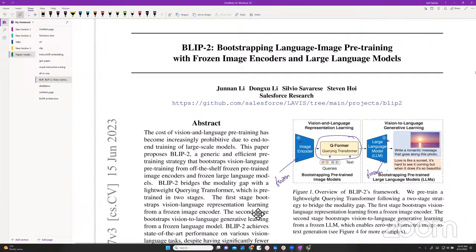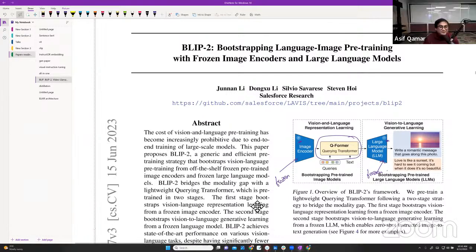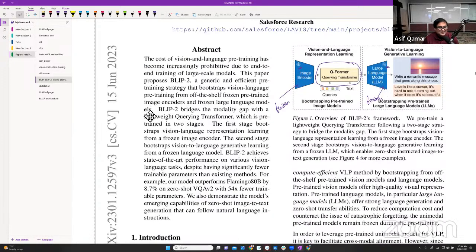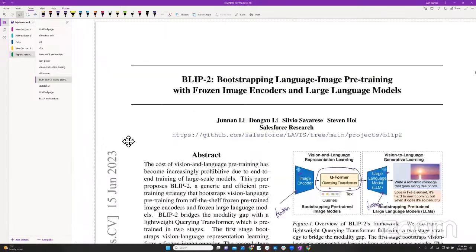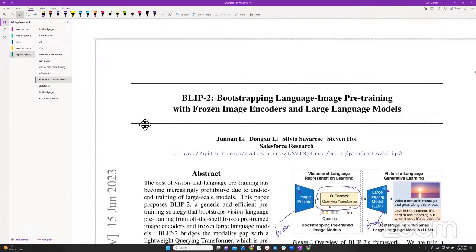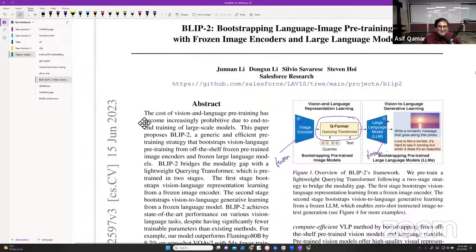Elixir, it was published June 15 there on the paper. Oh, June 15th itself. So obviously these guys must have been communicating with these BLIP guys. How can you publish the same thing on the same day? Oh no, Elixir was, I think, a little over a week ago. Over a week ago, yeah, that is it.